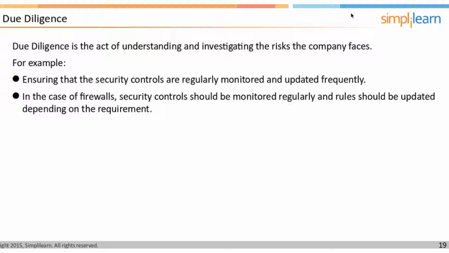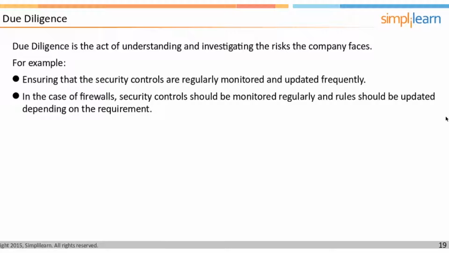So lots of things that you can do. What is the end result of a due diligence activity? Risk identification. And more importantly, you get some data. What you get at the end of the day doing due diligence is some data.